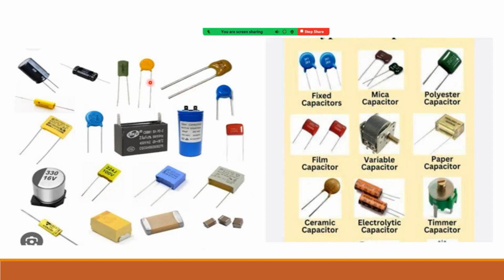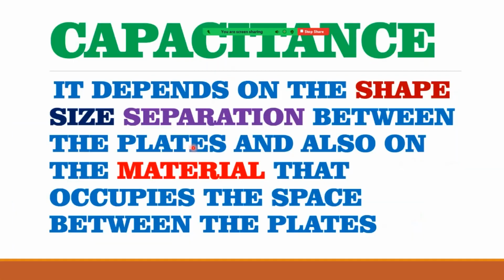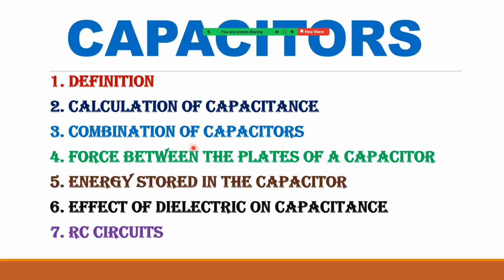So this is how they appear. Let us focus now. In the last class, I discussed up to definition and calculation of capacitance. Now, next one is the combination of capacitors.